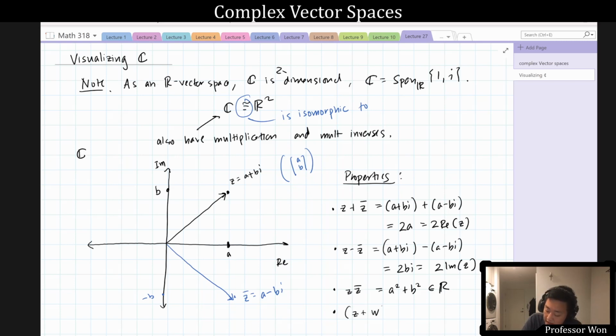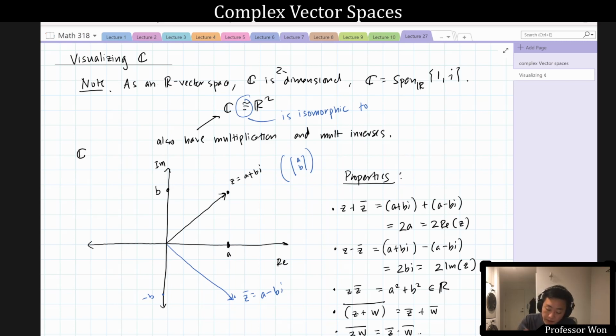So if you take the conjugate of the sum of two complex numbers, it's the same thing as taking the sum of the conjugates. And if you take the complex conjugate of the product of two numbers, it's the same thing as taking the product of the complex conjugates. Okay, so complex conjugation is an extremely important feature that the complex numbers have, and these are the most important properties about it.